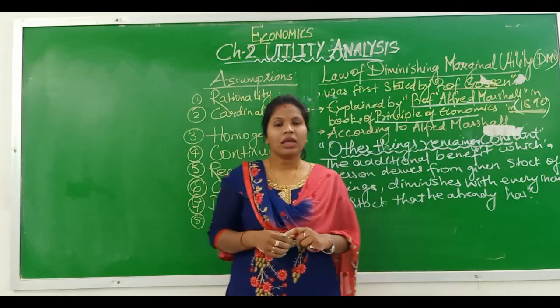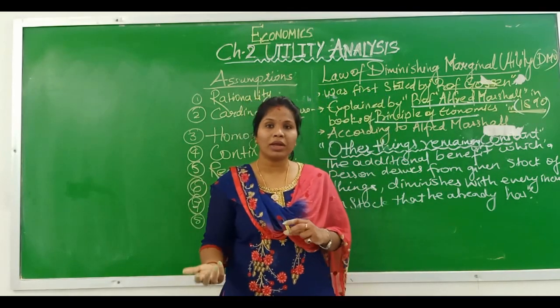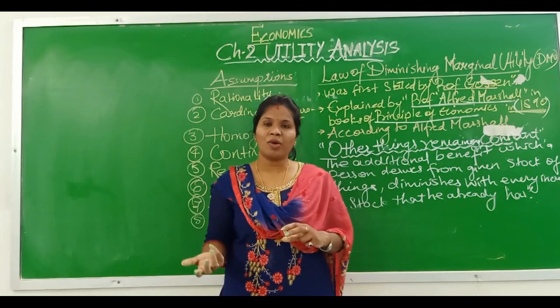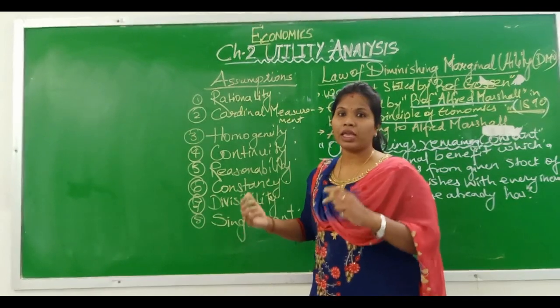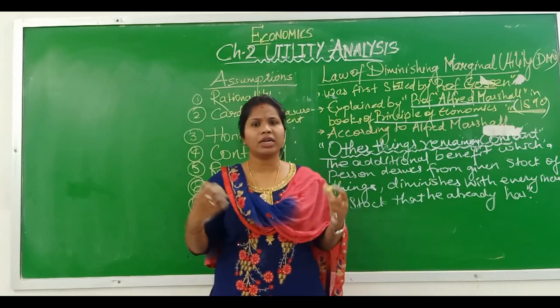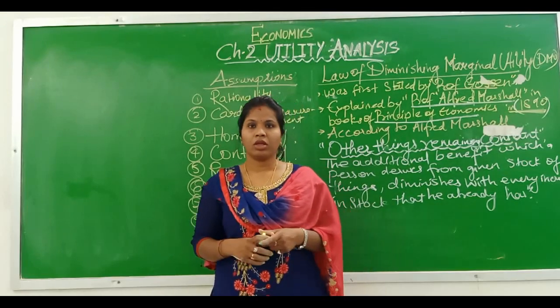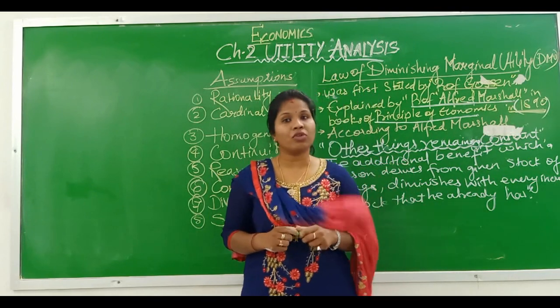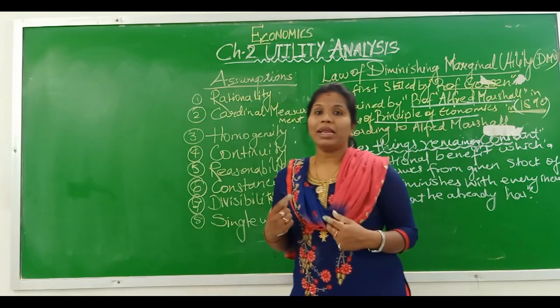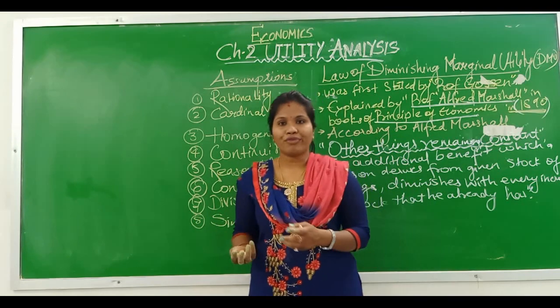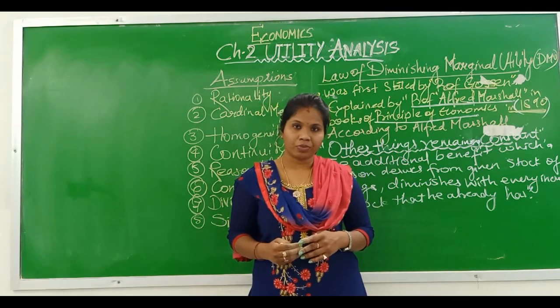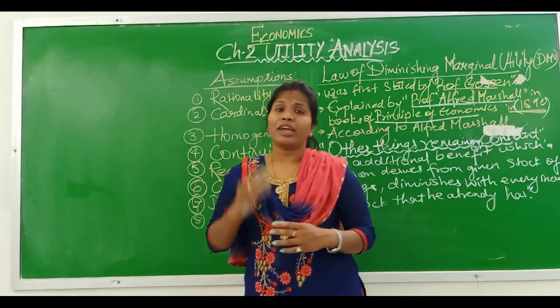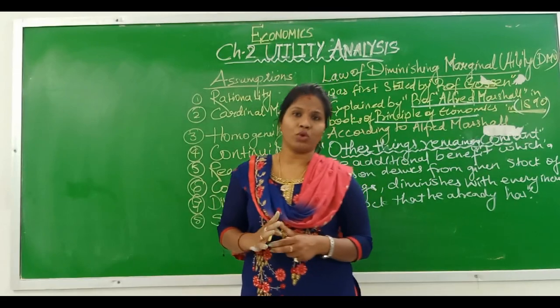From milk the consumer can consume in the form of Bournvita, plain milk, tea, coffee, paneer, curd, anything sweet. So the law assumes that if he is consuming milk in the form of coffee, then it should be coffee only. So it is said that it should be used for a single purpose only.